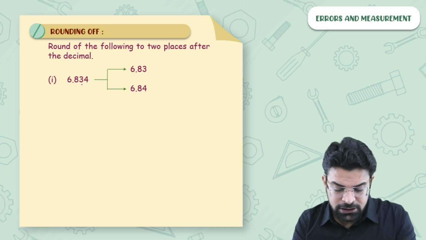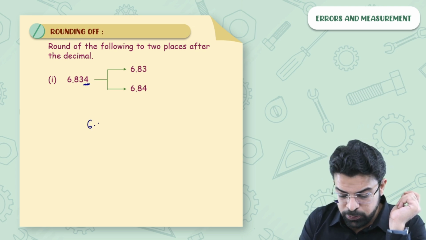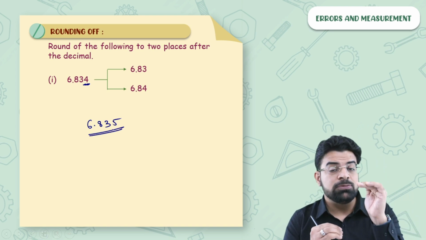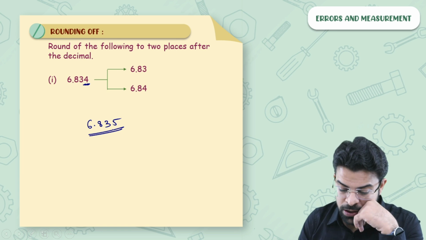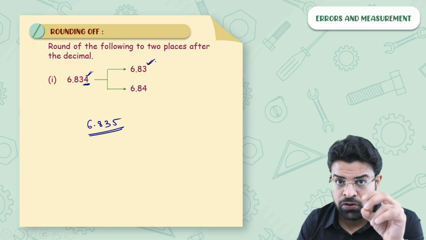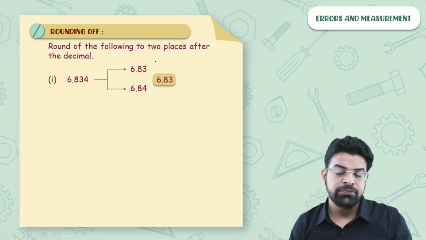Sir, after the 3 now we have got 4. 6.835 will be exactly midway between 6.83 and 6.84. 6.834 will be closer to 6.83. Hence, on rounding off, we will say that the number we get is 6.83.